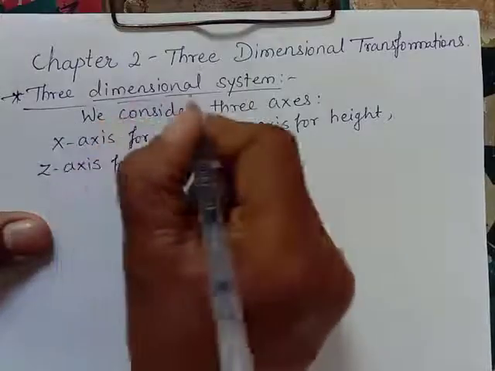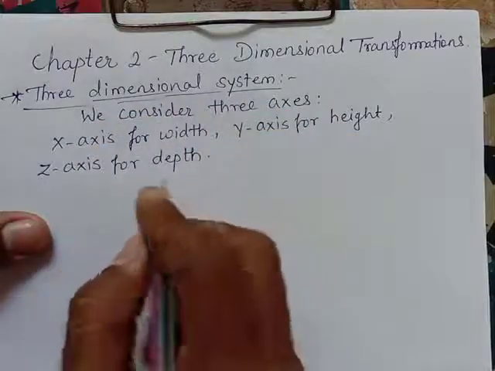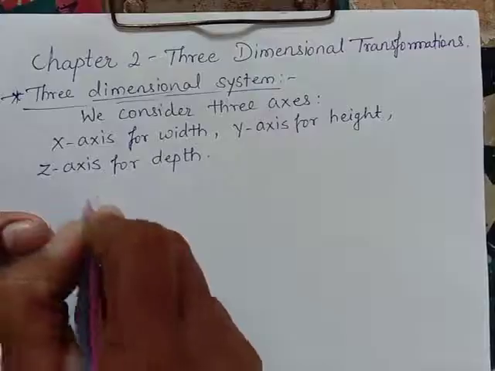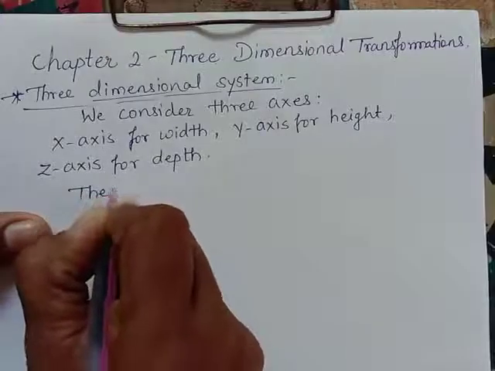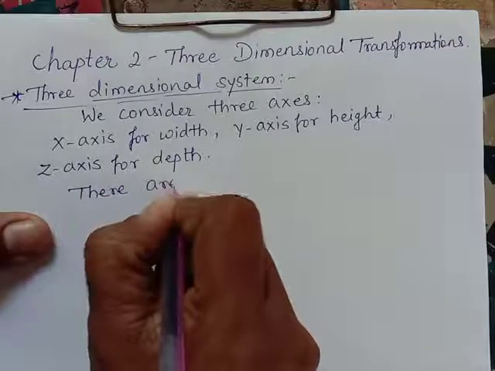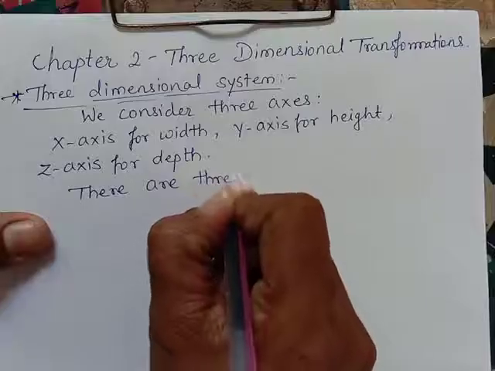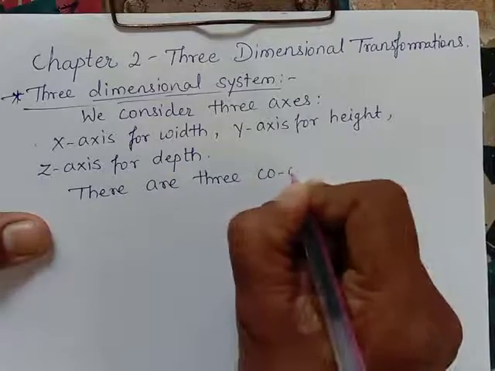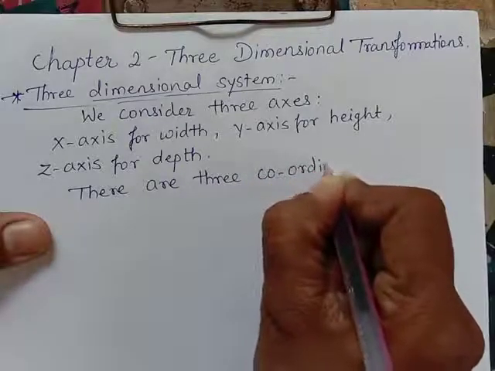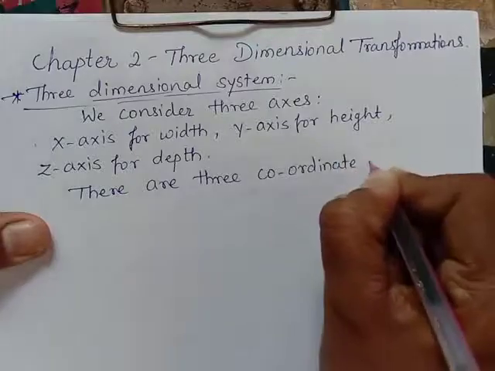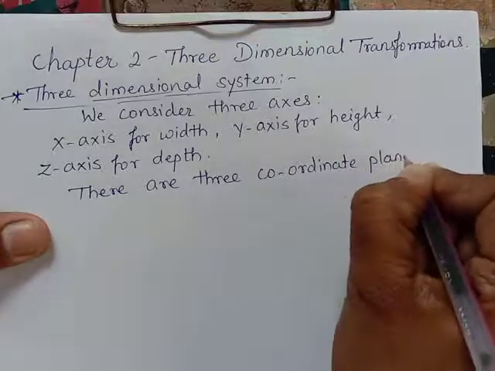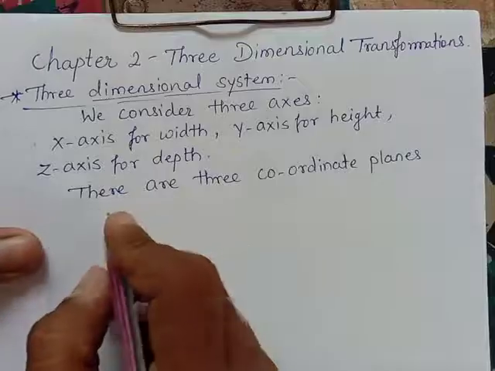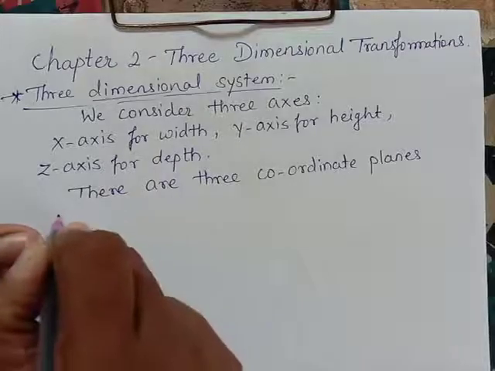Due to these three axes, three planes are formed, known as coordinate planes. So there are three coordinate planes. Which are these?